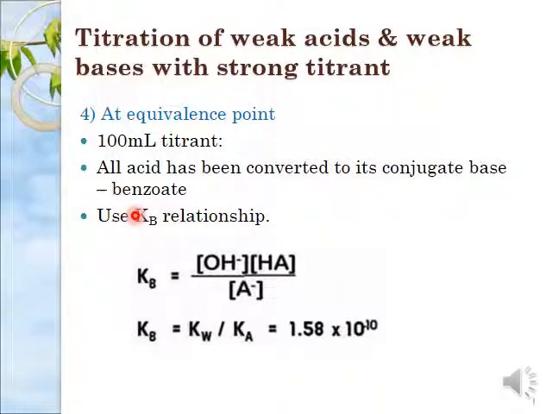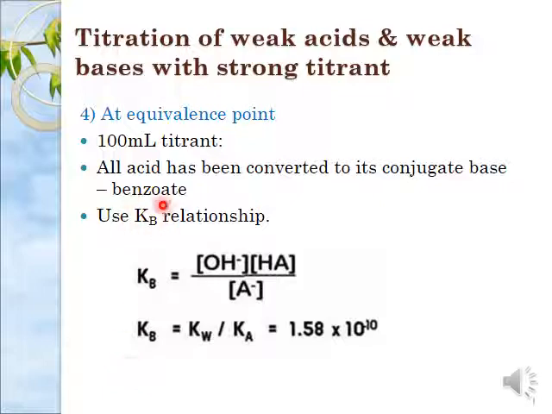So when it's converted to conjugate base, it means no longer benzoic acid. So we have to find the new concentration of the conjugate base, which in this case is benzoate. To find the concentration, we have to use the Kb relationship.